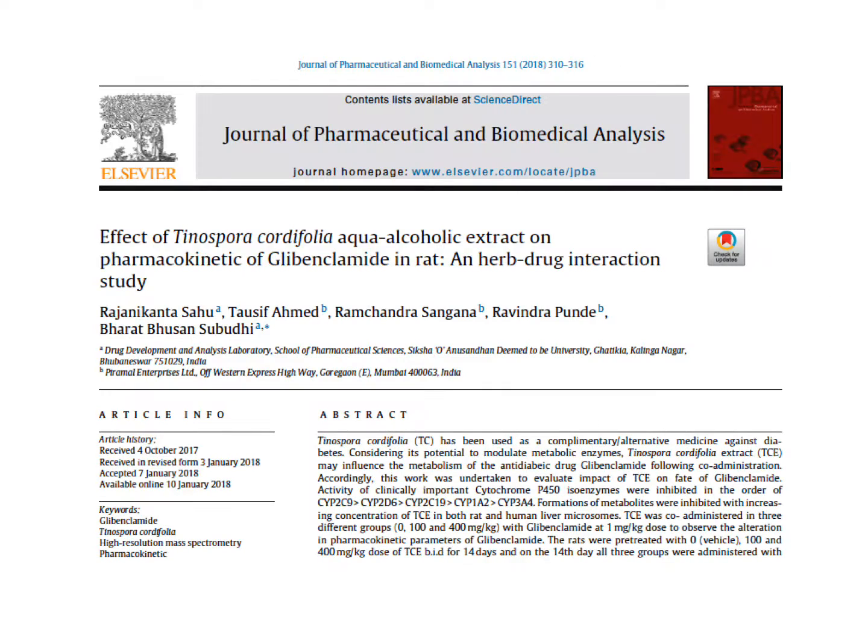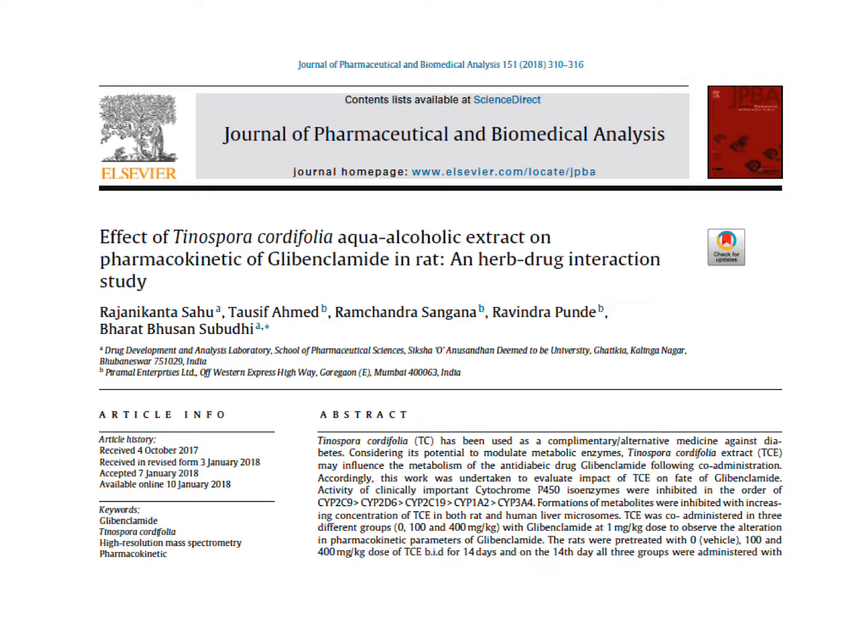This is a case of drug interaction between Tinospora cordifolia alcoholic extract and glibenclamide, which we worked on in a previous year, that is in 2018. Tinospora cordifolia is widely used as a complementary medicine because of its effect against diabetes, and people have a habit of using diabetic medication like glibenclamide, and along with it they also take Tinospora cordifolia.